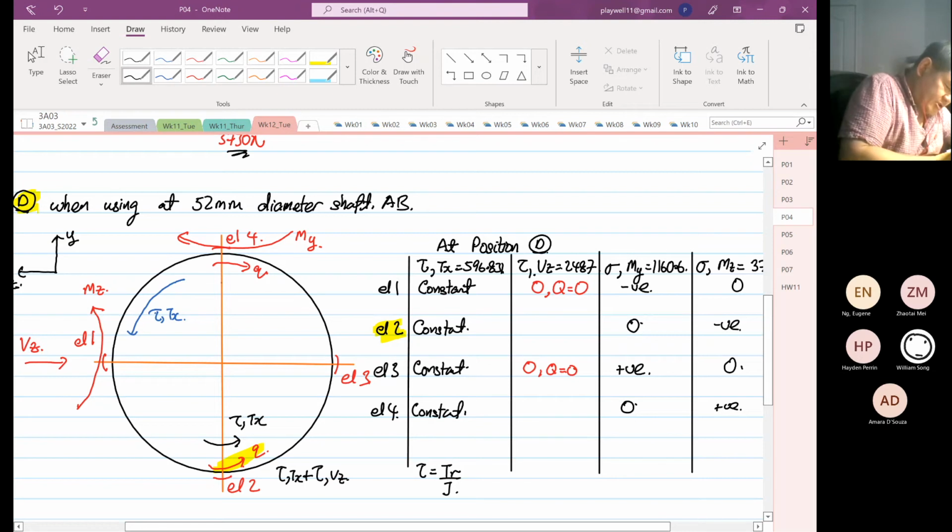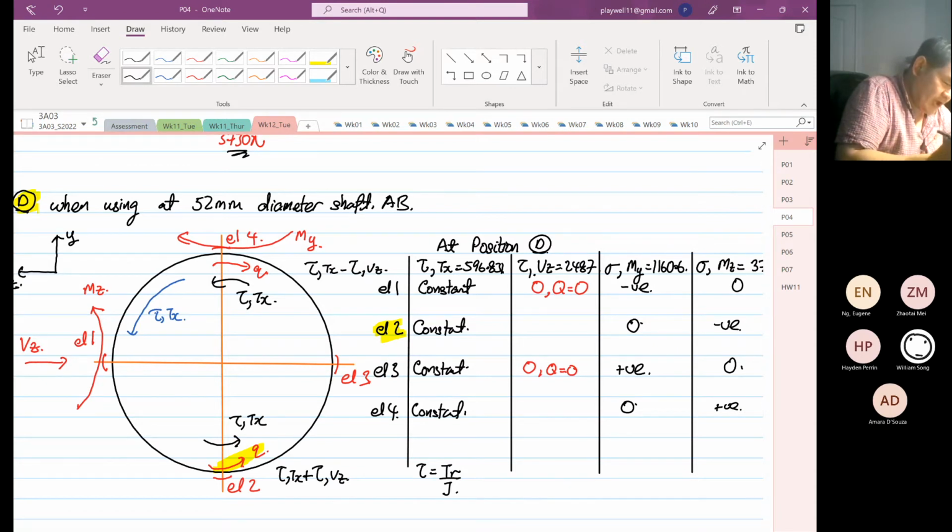Whereas for this case, all right, this is the shear stress due to the torque in the x direction. Okay, so because it's in the opposite direction, the shear stress due to the torque is minus the shear stress due to Vz. Right. So element 2 will have a greater shear stress magnitude than element 4.